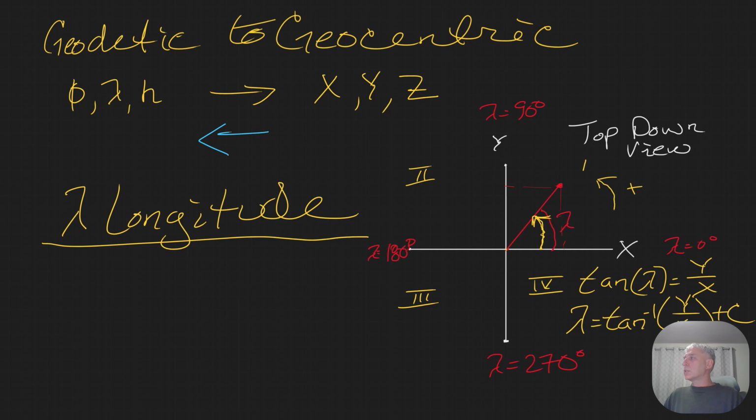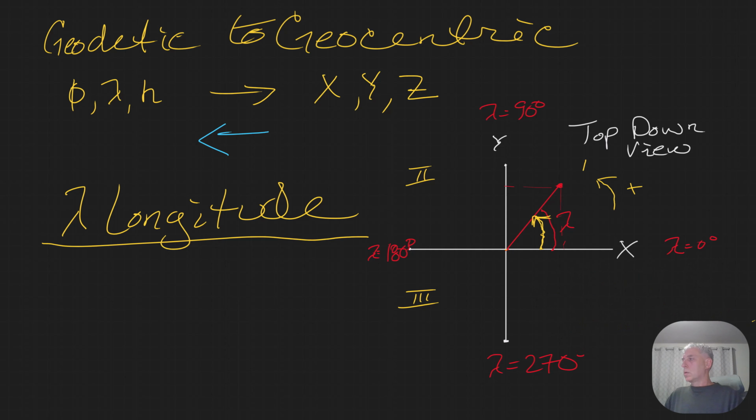If the vector instead were, I'm going to erase some of this so I can draw, let's say the vector's down here. Then the arctangent would actually return this angle, and it would be a negative angle that's returned, right? Because it's clockwise. So you're going to have to adjust from how we've used the arctangent in the azimuth environment to a more mathematical environment.